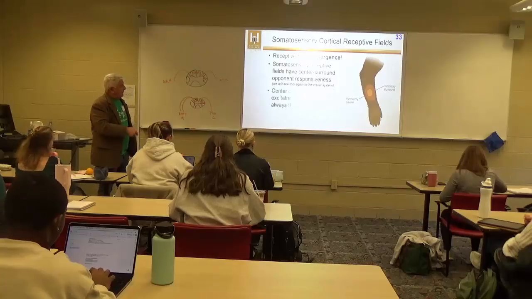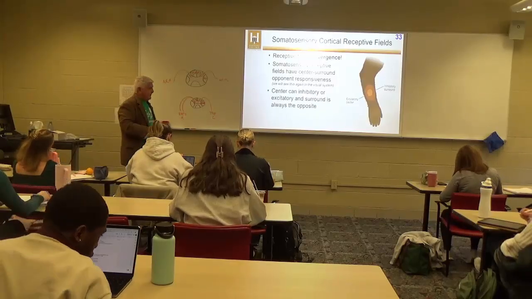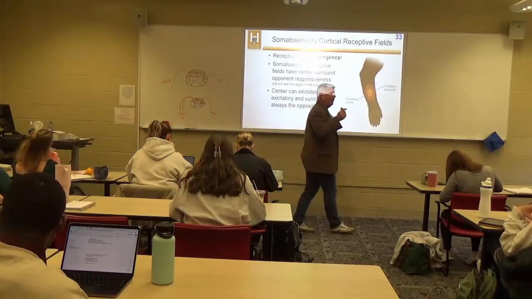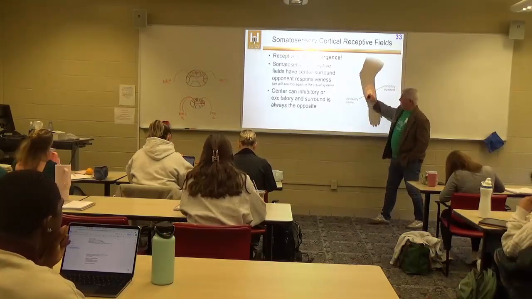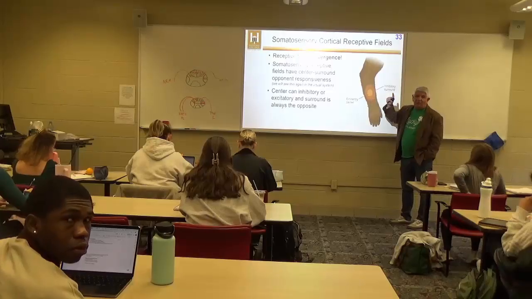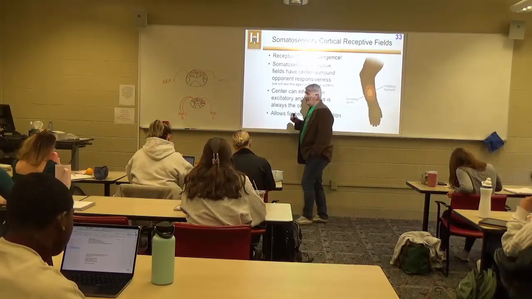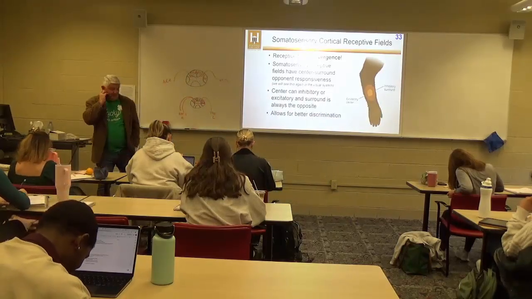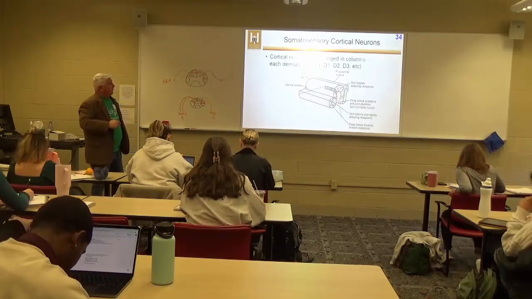But we see the same sort of thing from the visual system here, right? So the center can be inhibitory or excitatory. It's just like the visual system. It doesn't really matter. The point is that you're able to discriminate between something touching here and something touching here with one neuron. And this is going to allow for better discriminations with lower numbers of neurons. All right.